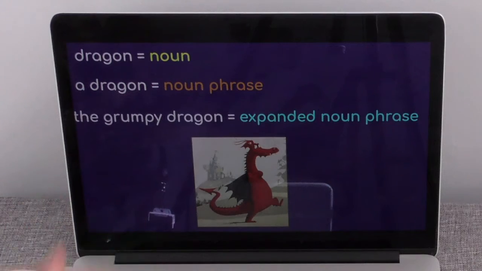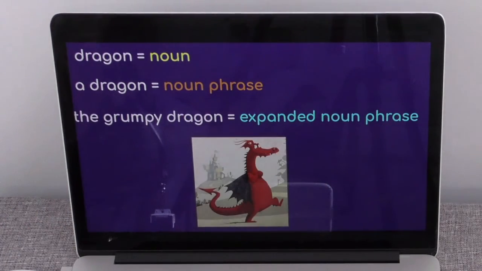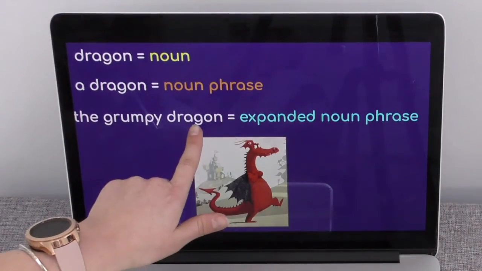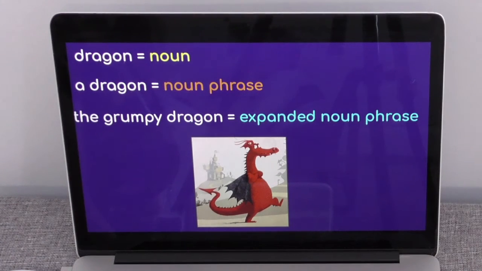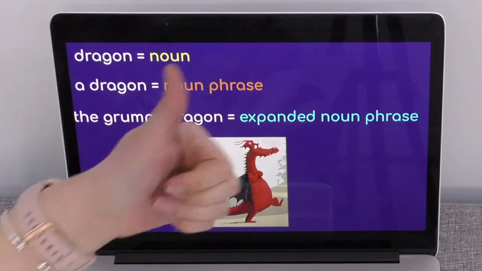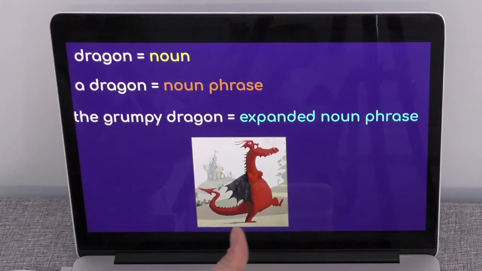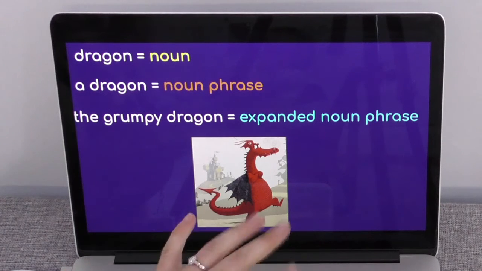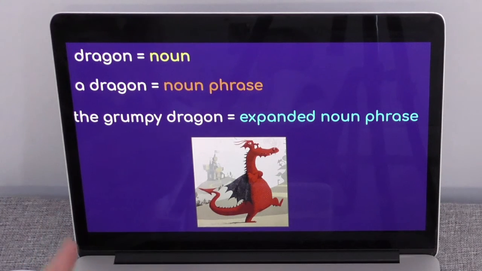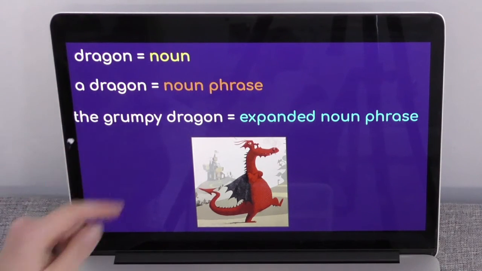We can then have an expanded noun phrase. So we have got the noun in it, the dragon, and we've got an adjective to describe it. So we've got noun, dragon, noun phrase, a dragon, and then an expanded noun phrase, the grumpy dragon. It could have one adjective in it, or it could have two. It's expanding, making the information bigger about the noun phrase, about a dragon.